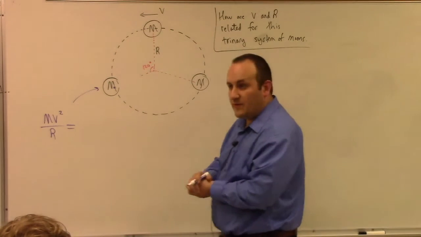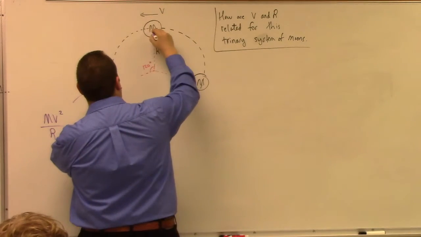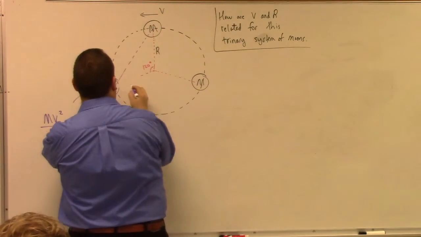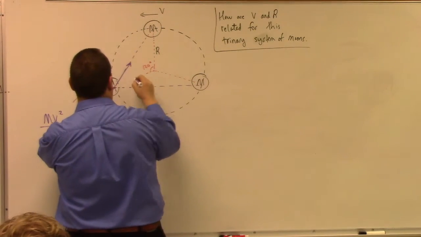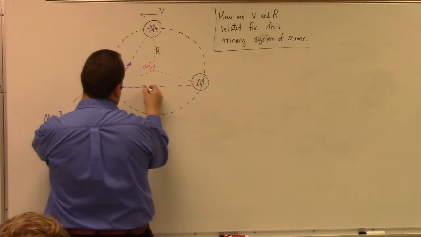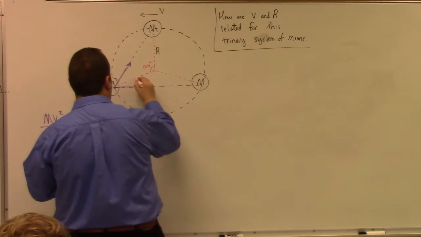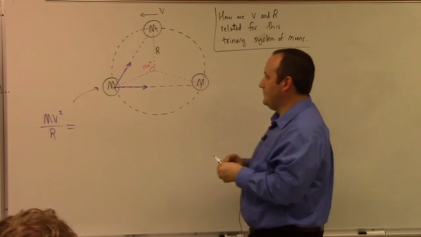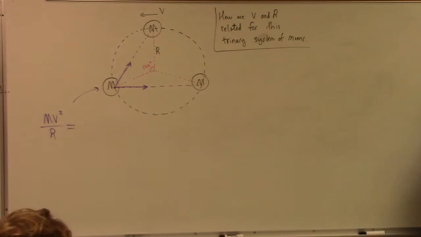But by the symmetry of the problem, you can see that's all there is, right? Because what do we have? We got this and that. You got the force this way, and you got the force that way. And if you look at the symmetry of the problem, you can see those are equal in magnitude, right? You can't just add them. They're not in the centripetal direction, are they?